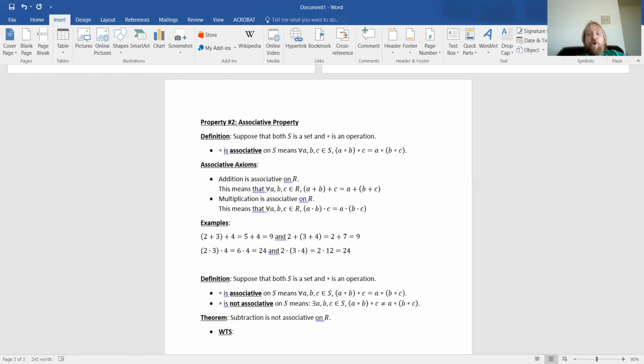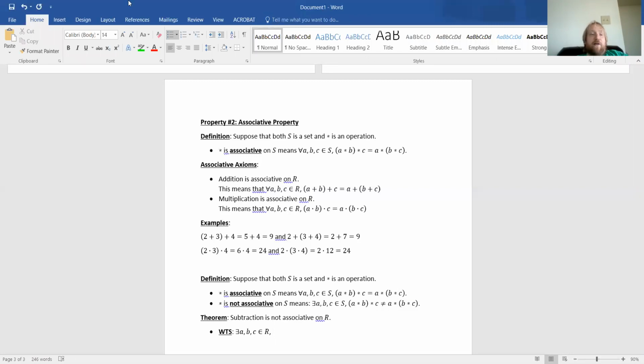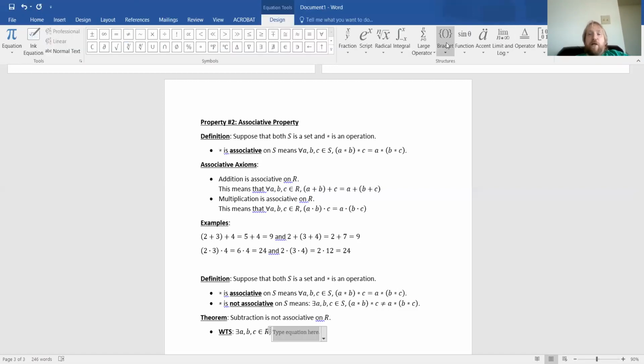So we want to show that there exists A, B, C in the reals such that the quantity A minus B in parenthesis minus C does not equal A minus the quantity B minus C.